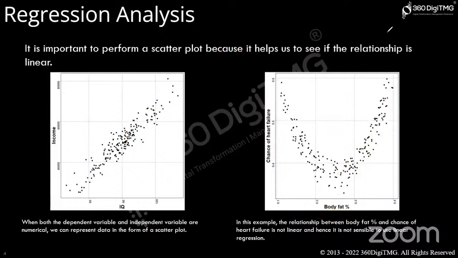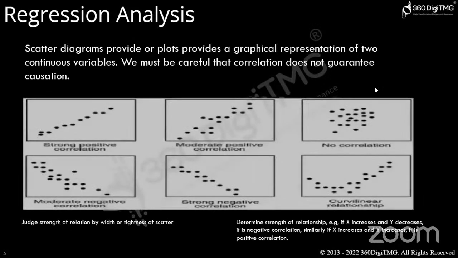So how can we say we have a strong correlation? How can we say we have a not that strong, moderate, or no correlation at all? How can we say that? Just by looking at the scatter plot. You have to take one input on the x-axis and another on the y-axis, and you have to see the linear relationship.